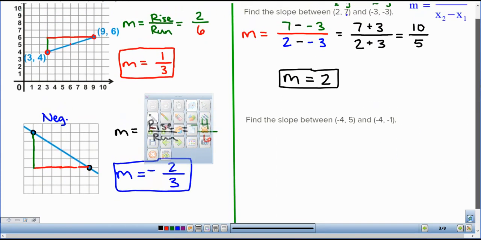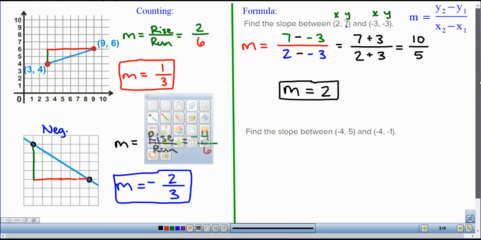Okay, we're going to do the slope formula one more time on this set of points here. My slope can be found by doing the y value. So remember, the y value is always the second number. I don't care which one you use. I'm going to use the 5. Then it says do minus. Then it says do the other y value.